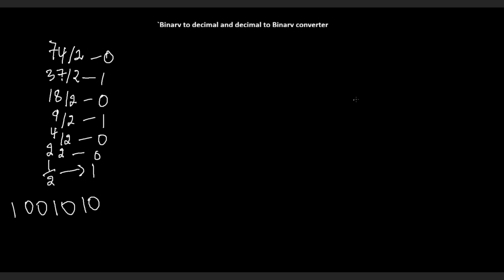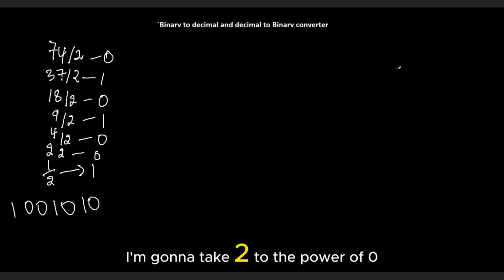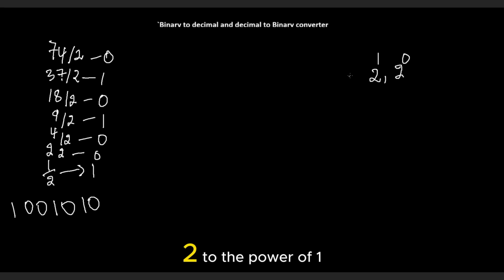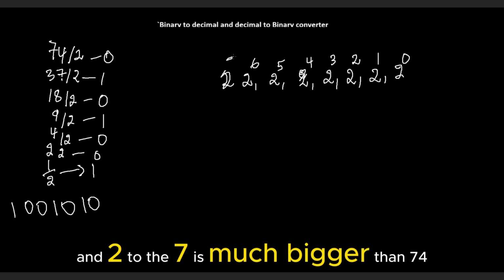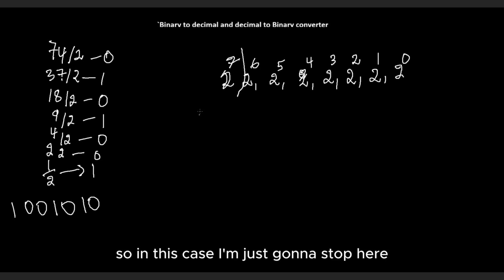I'm gonna take 2 to the power of 0, 2 to the 1, 2 to the 2, 2 to the 3, 2 to the 4, 2 to the 5, and 2 to the 6. I'm just gonna stop here, because 2 to the 7 is much bigger than 74.